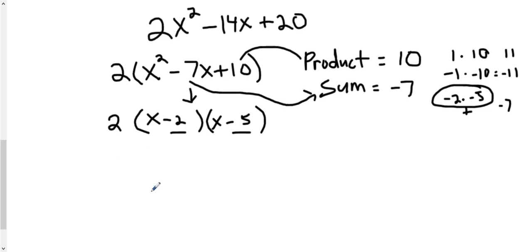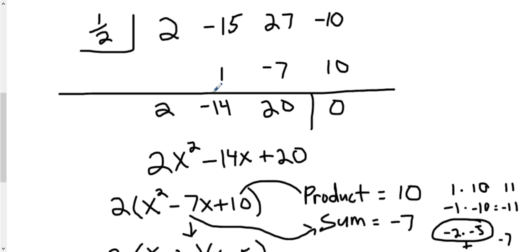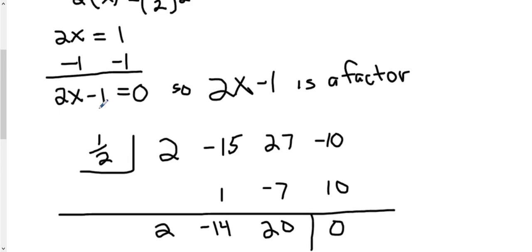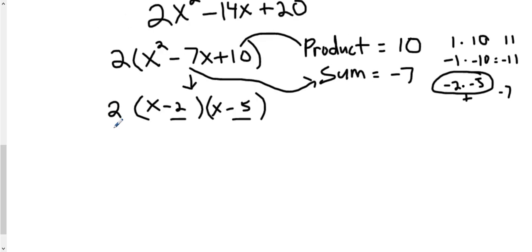So now there are the factors from this. If we bring down that first factor we said, which was 2x minus 1, we have all the factors. Here's the 2x minus 1. So this is the factored form of that polynomial.